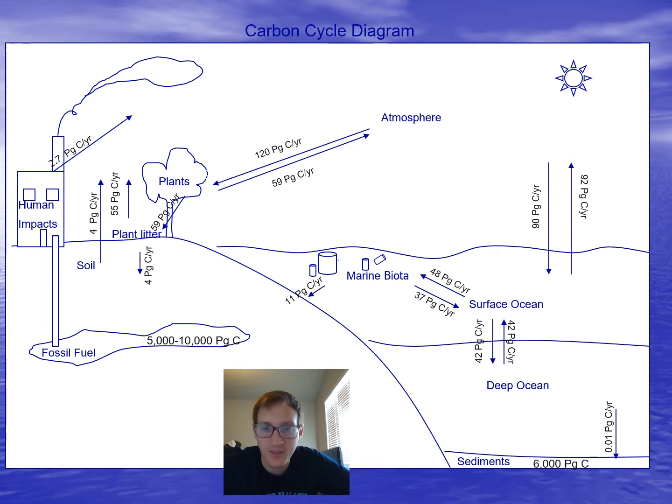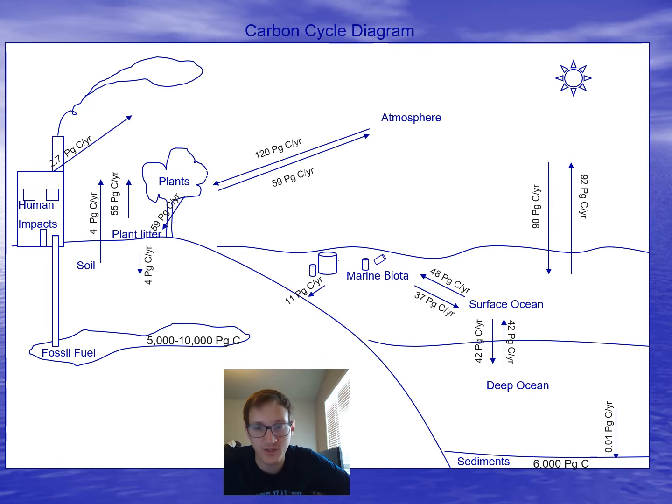For example, one thing to point out is that the surface ocean puts more carbon into the atmosphere than it takes in per year, which is relatively close, but over time, if you imagine, more and more carbon is getting out of the ocean than going into the ocean, which can be detrimental to our atmosphere in some sense. There's also an exchange with the marine biota. Biota just means the marine life. This is part of the biosphere.